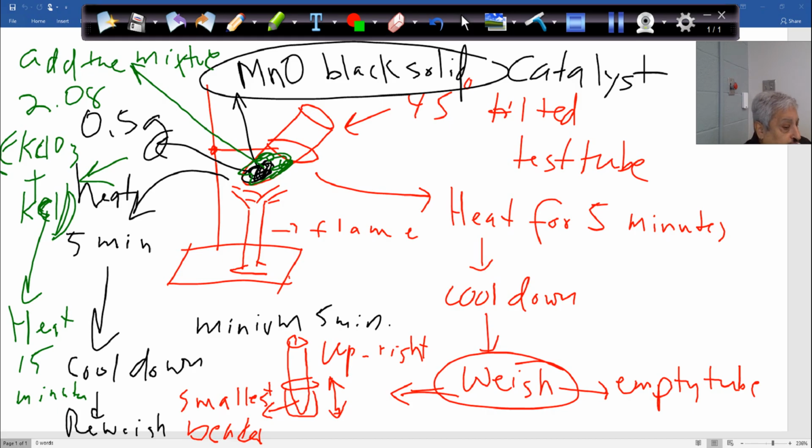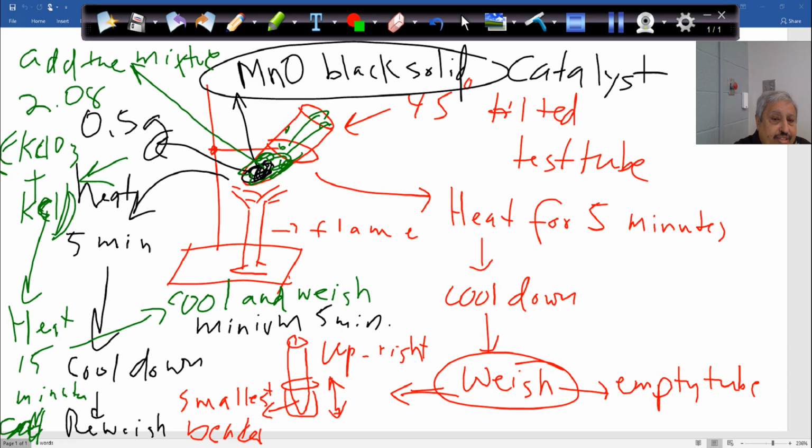You record the whole thing, correct? Cool it down: 15 minutes heat, cool and weigh. Let me write it here. Cool and weigh the whole thing.